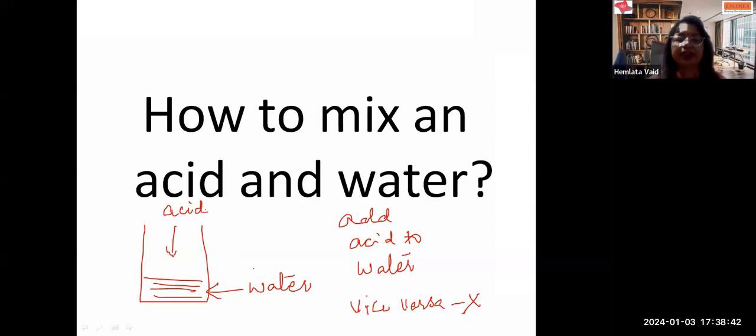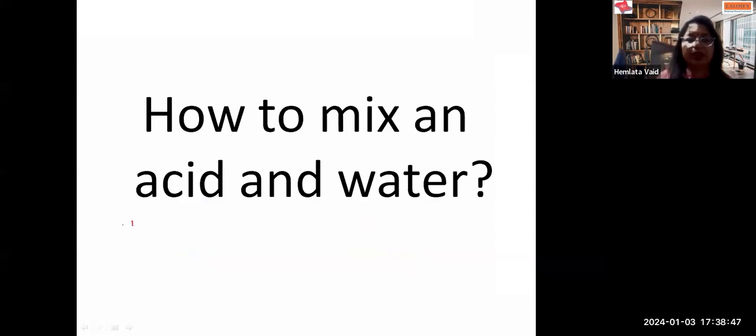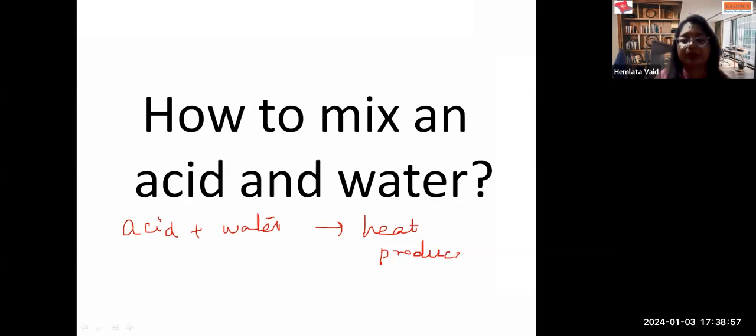Mixing of acid and water is highly exothermic. Let me write it on screen. When you mix acid and water, a lot of heat is produced. Now suppose in the container, you took water.